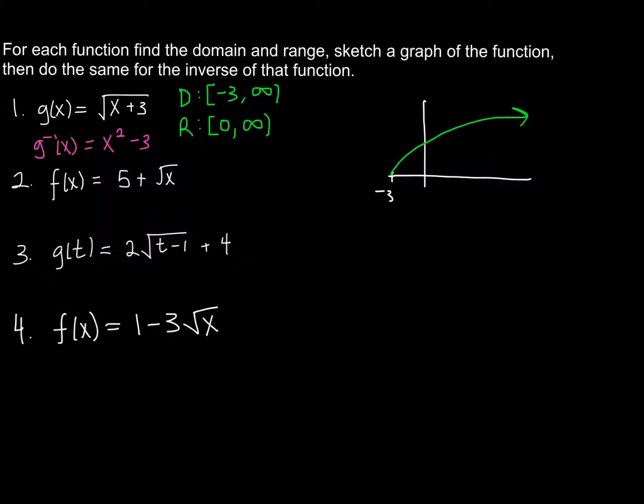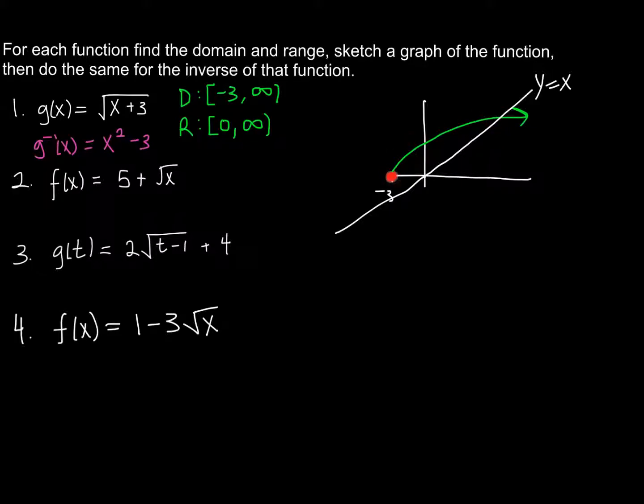First, we're going to sketch the graph of the function, and I know that it's going to be a reflection over the line y equals x. So what I'm going to do is sketch the line y equals x here. And I'm going to reflect my curve over that line.